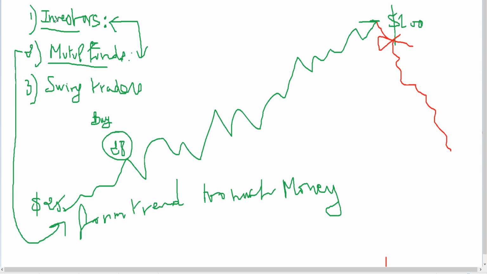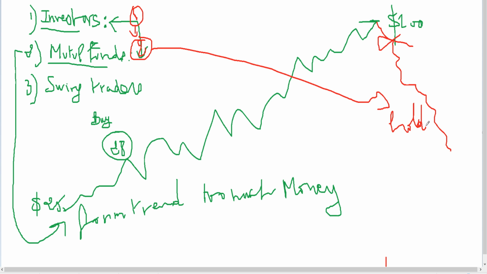But investors and mutual funds, these two, they stay and hold for longer. Sometimes mutual funds sell after 1 year, 1 year and a half, or 2 years, but most of the time they stay.